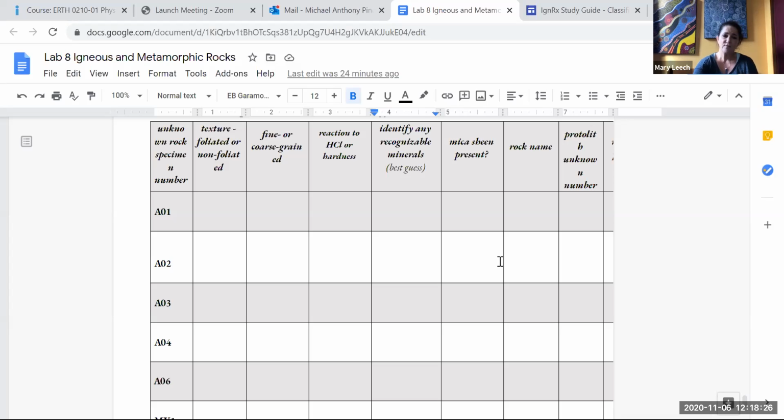Because if it has a foliation, then it has to get one of 4 names: slate, phyllite, schist, or gneiss. I went through in the lecture how you distinguish those. But if it doesn't have that texture, then you're giving it maybe one of the special names that we talked about, and marble is one of those.